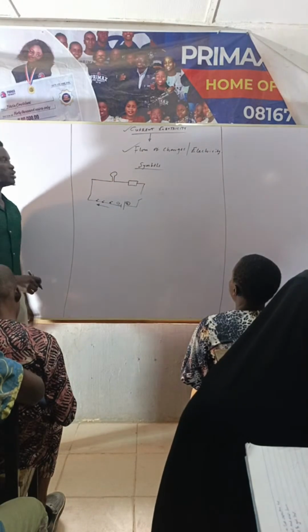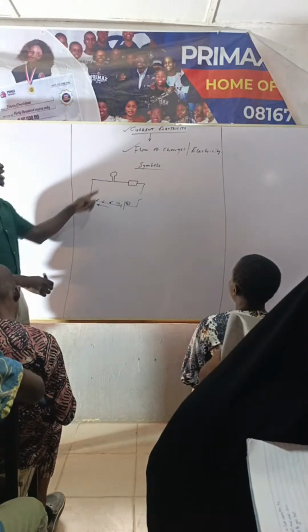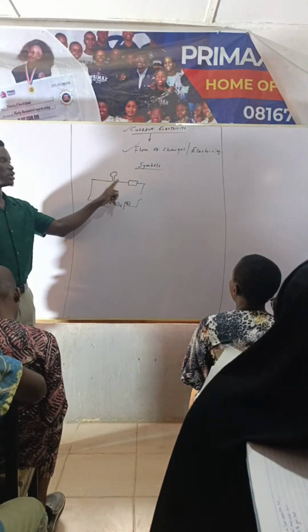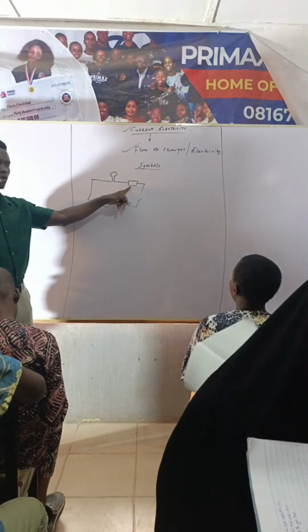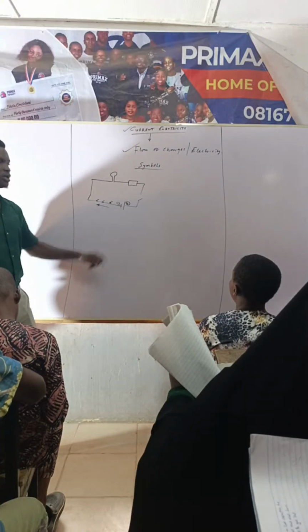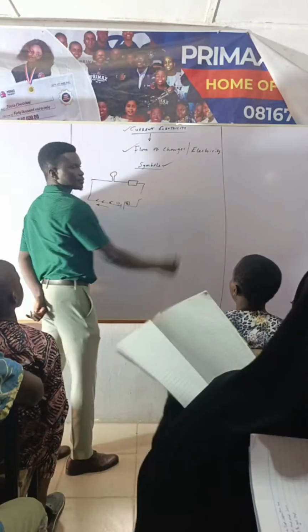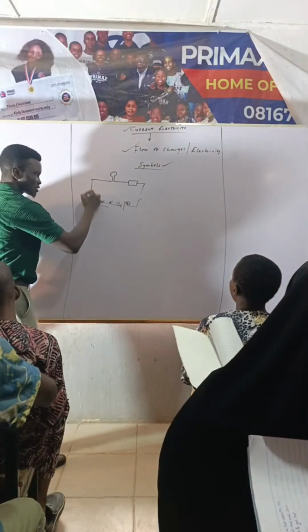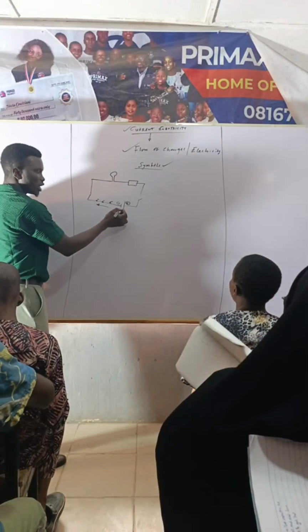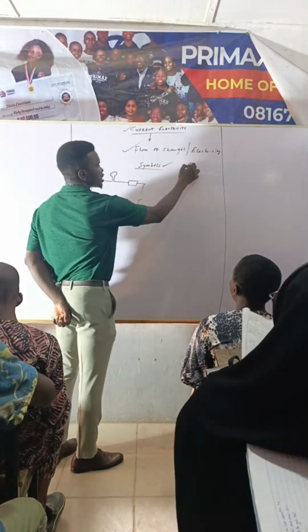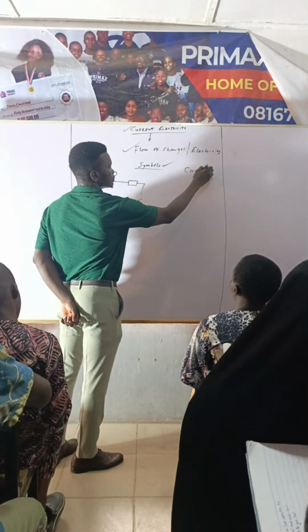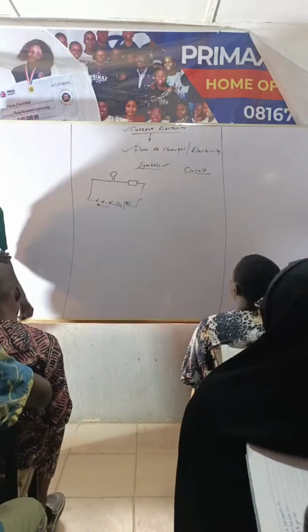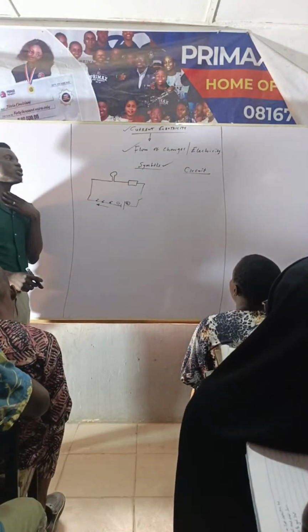Now, from what I have here, I'm able to identify this as a bulb, this as a resistor, and this as a battery because I know the symbols. So the paths through which your current flows, we simply call it a circuit. Without wasting time, it is still an introduction.